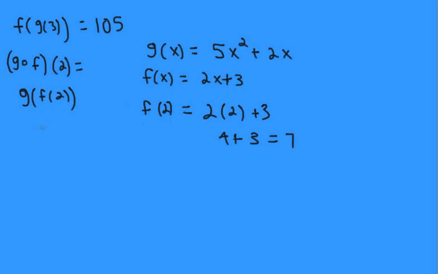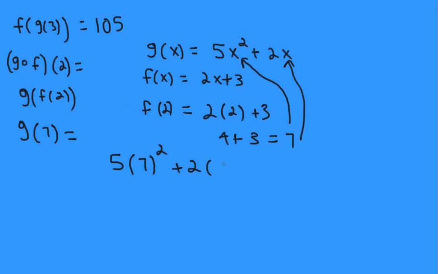And now we're going to take that 7 we just got and find g of 7. So we're going to plug in this 7 as our x value for x. And now we're going to multiply 7 squared times 5, which is 49 times 5.